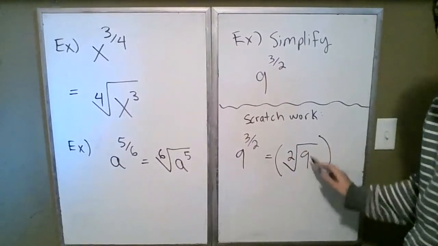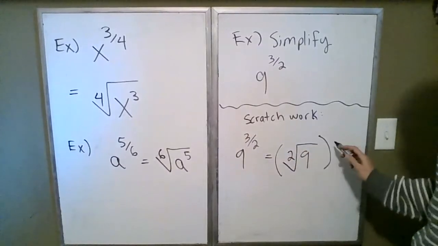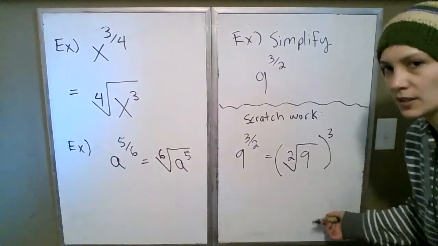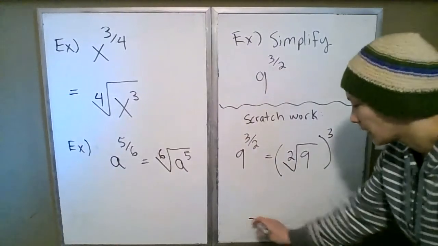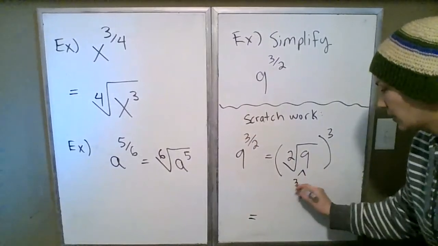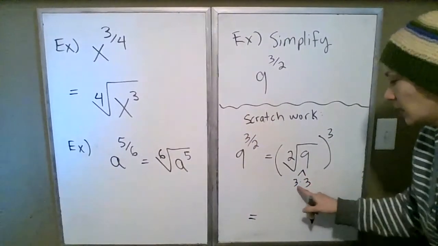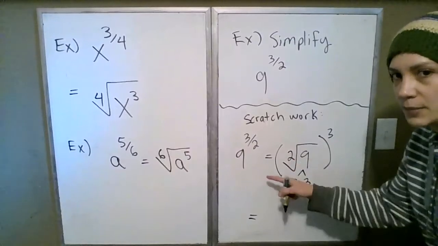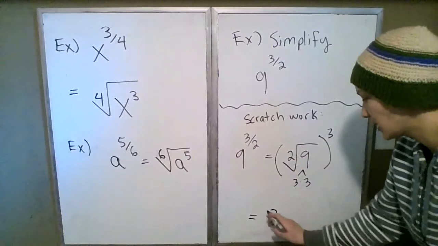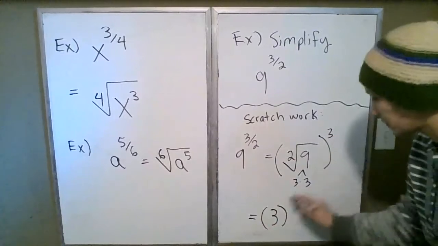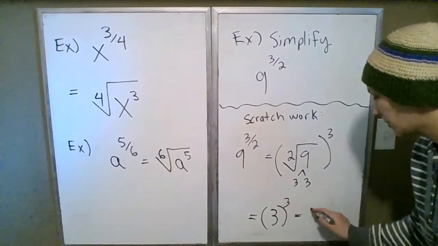Like after we find the square root of 9, then we'll cube that number. This is my suggestion. It's correct either way. Okay, square root of 9. You've got 3 times 3 is 9. When you have as many factors as the root, that factor can come out of under the root. So that's just 3. Then we're going to cube it to get 27.